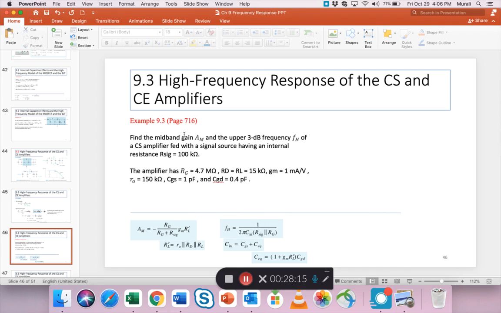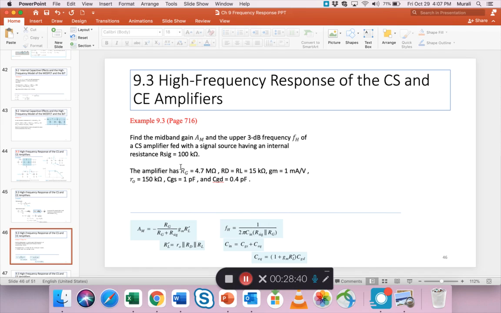Example 9.3, on page 716, is a simple application of these formulas to help you find the midband gain AM and the upper 3 dB frequency FH of a common source MOSFET amplifier fed with a signal source having an internal resistance R signal of 100K.